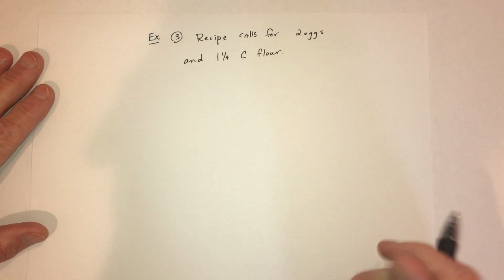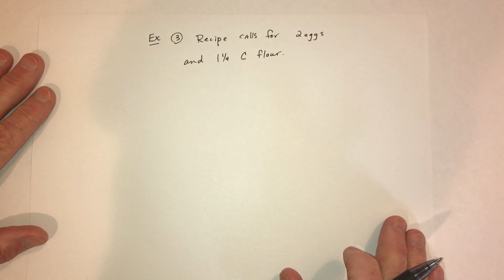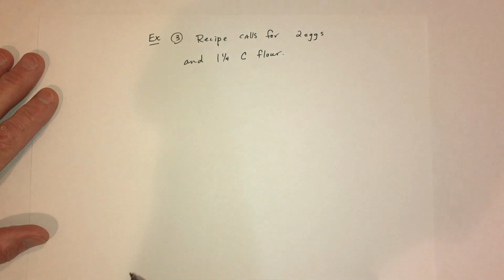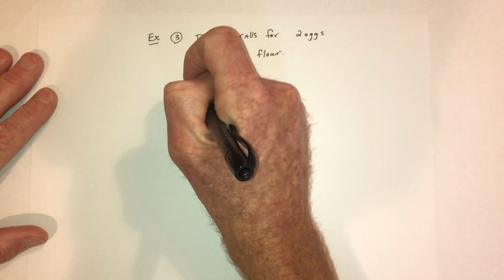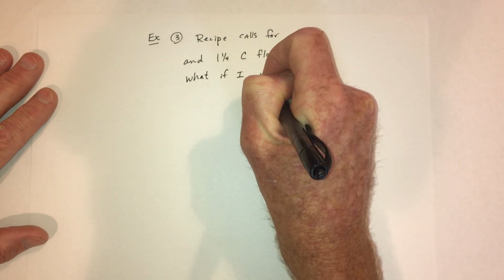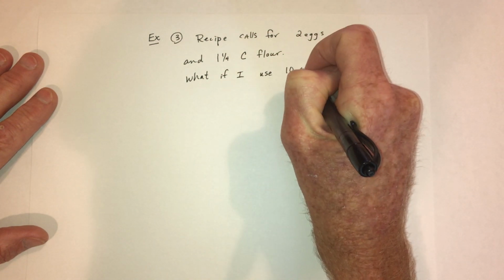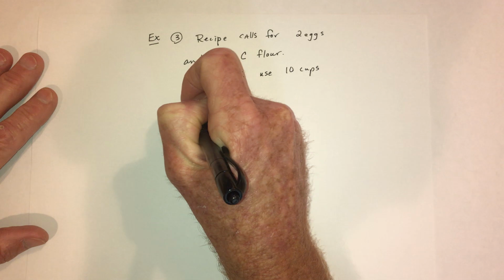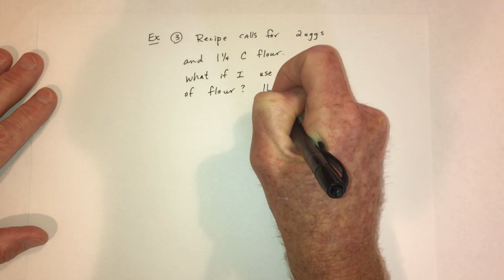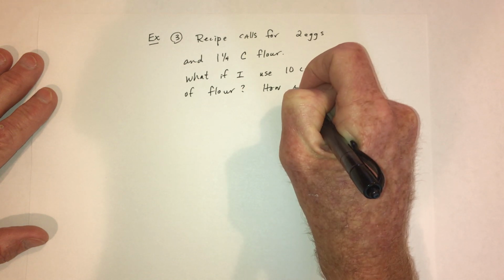And then suppose that I went to the store and I actually got a whole new bag of flour, and I'm gonna make a lot of whatever this is gonna be, pancakes. So what if I use 10 cups of flour? Then how many eggs are needed?